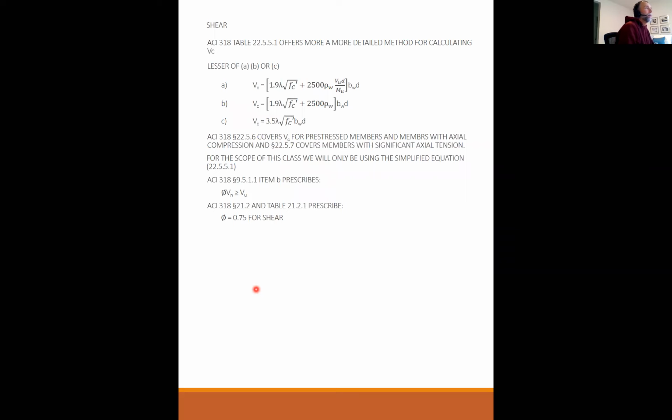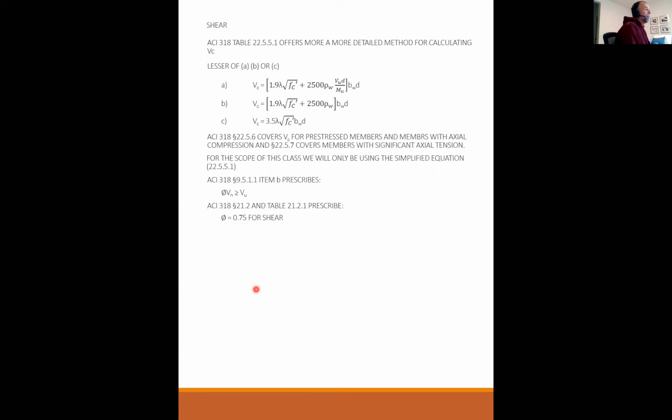So partly why it is such a hit on your capacity. Flexure, you take a 10%. This is a 25% hit. Part of it is uncertainty. The uncertainty of it is that the actual shear mechanism is very complex. And so anything with complexity has uncertainty.